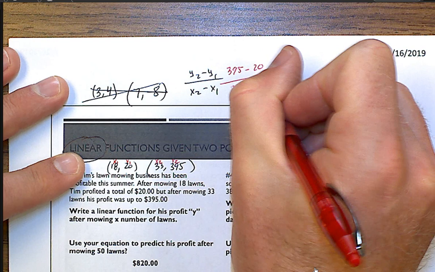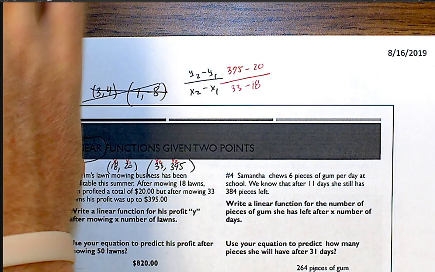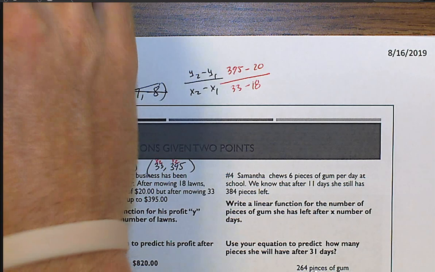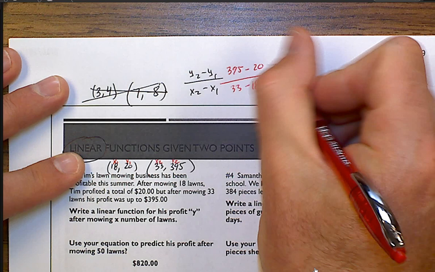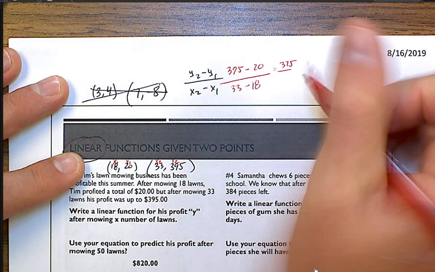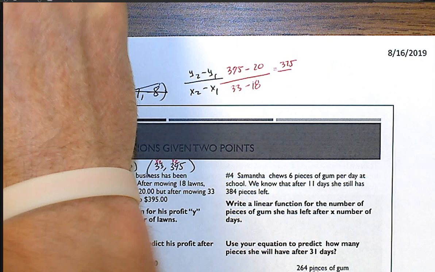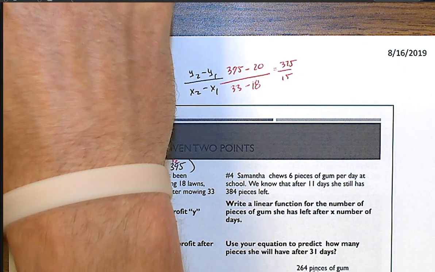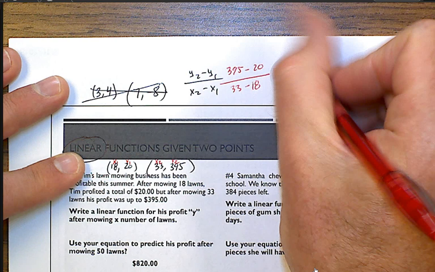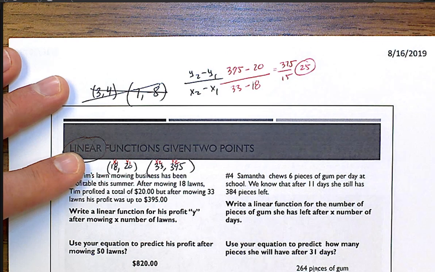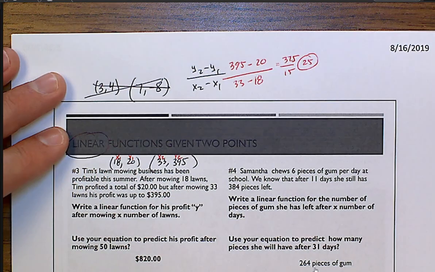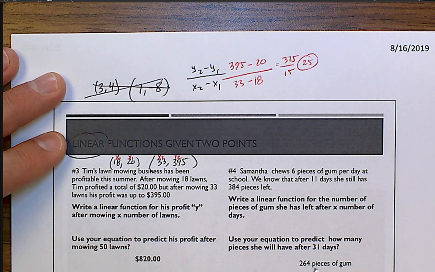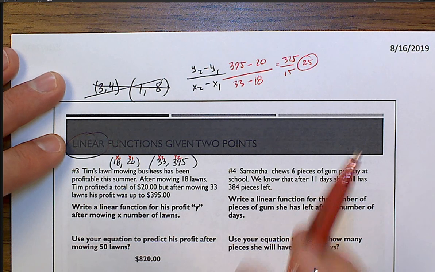Okay, so I got 395 minus 20, you can do that in your head, 375, all right, over 33 minus 18, and I'm going to get 15 there, so 375 divided by 15, and I get 25. So what does that mean? What is that 25? That means Tim is making $25 per lawn, okay?